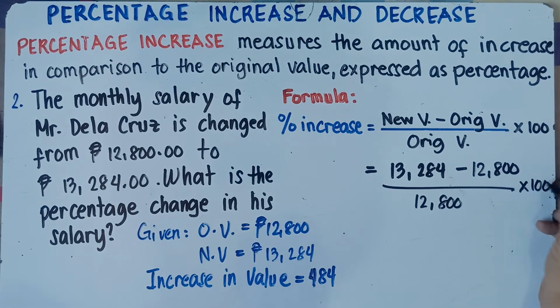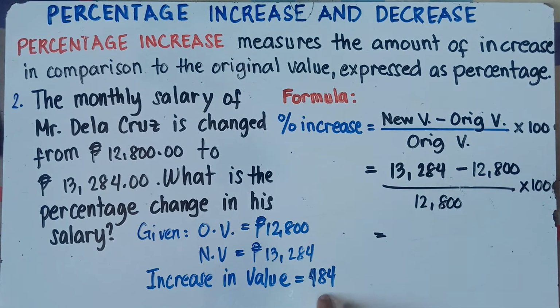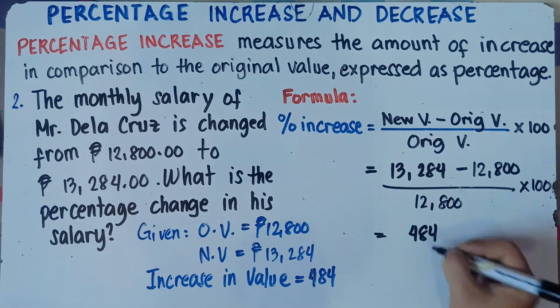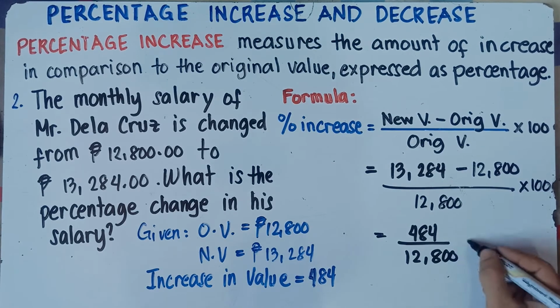Do not forget, class, multiplied by 100. So 13,284 minus 12,800, that would be 484, right? We subtracted that a while ago for the increase in value. So 484 divided by 12,800 times 100.